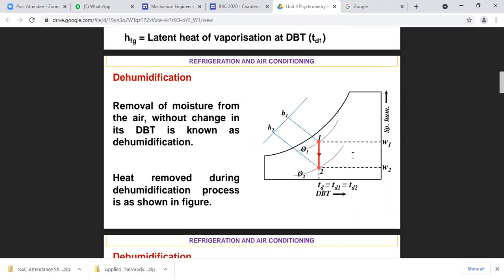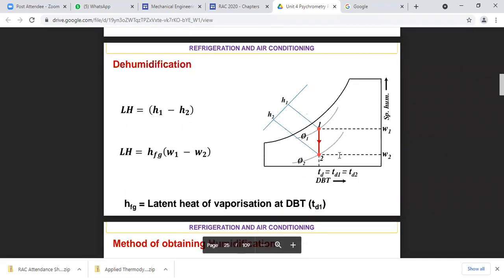As moisture is removed from the air, the latent heat is equal to H1 minus H2, that is h_fg into (W1 minus W2), where h_fg is the latent heat of vaporization.